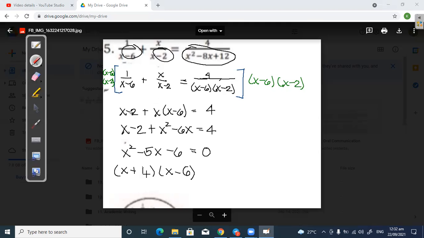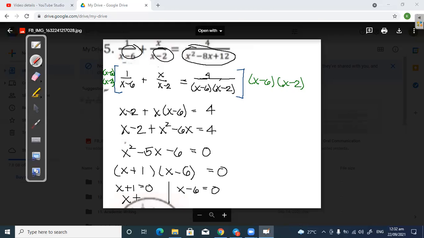So, negative 6 times 1, that is negative 6. Negative 6 plus 1, that is negative 5. So, x plus 1 times x minus 6, and that is equal to 0. Then, by zero product property, paano ba tayo makakuha ng product na 0? That is, if one of the factors is 0 or both of them. Diba? Ibig sabihin, we can equate this as x plus 1 is equal to 0 and x minus 6 is equal to 0.